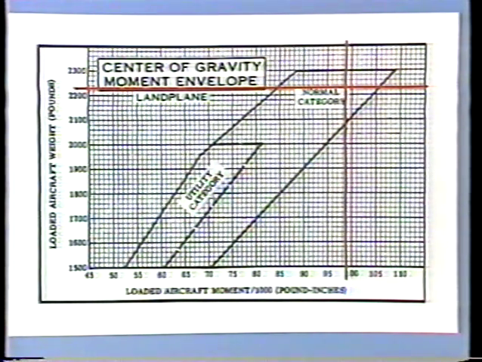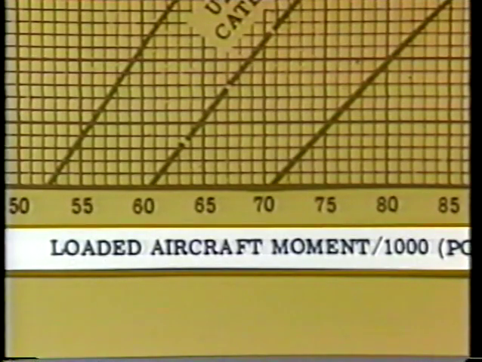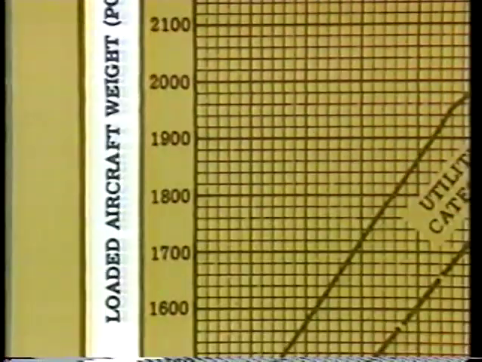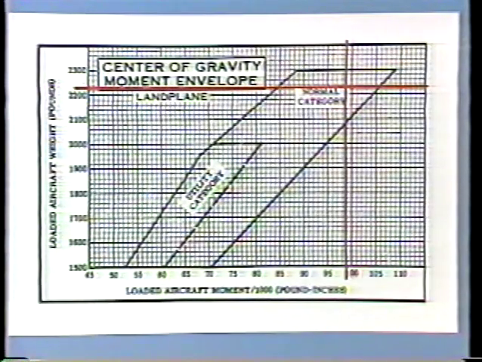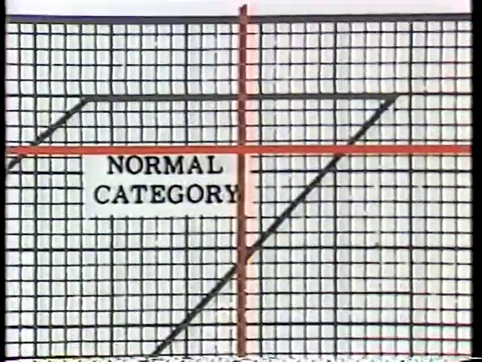This graph uses a somewhat different format than the skipper's center of gravity envelope. Here we have total moments along the horizontal axis and total weight along the vertical axis. It simply means that we enter at both known values, weight on the left and moment on the bottom. Continue across and up the graph until the lines intersect.